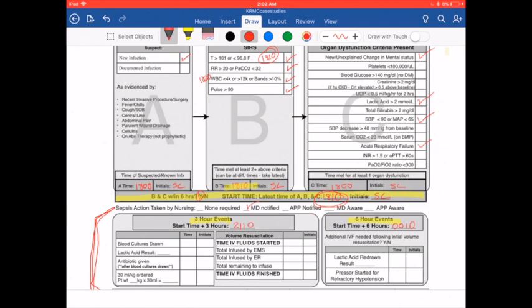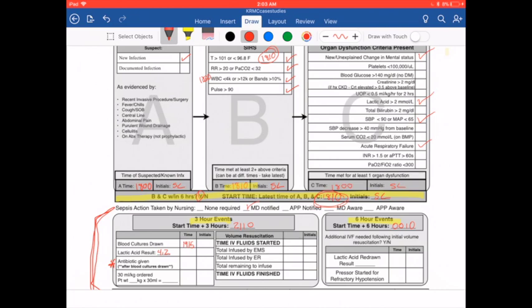All right, so filling out this bottom part, we know that blood cultures have already been drawn. We drew them with the labs, so we said that that was done at 1915. And then our lactic acid result was 4.2. Antibiotics were also ordered. The big thing with antibiotics is if you have an order for those and also an order for your blood cultures, you need to make sure that you're getting your blood cultures before you give your antibiotic.